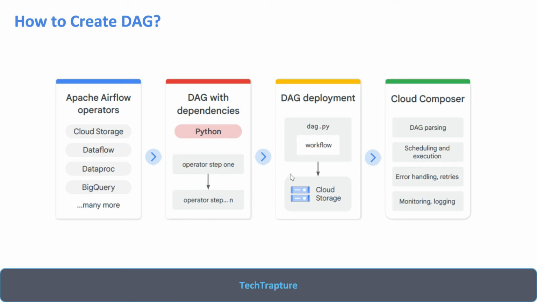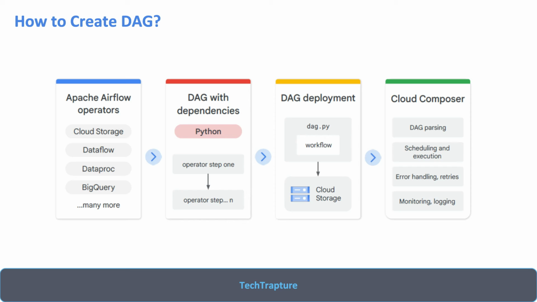Once your dag.py file is ready, you upload it to the cloud storage bucket in the DAG folder. In Cloud Composer we upload it to the storage bucket, but if you are using Airflow on a VM instance or Linux server, there will be a DAG folder on the server, and you upload the file into that folder.